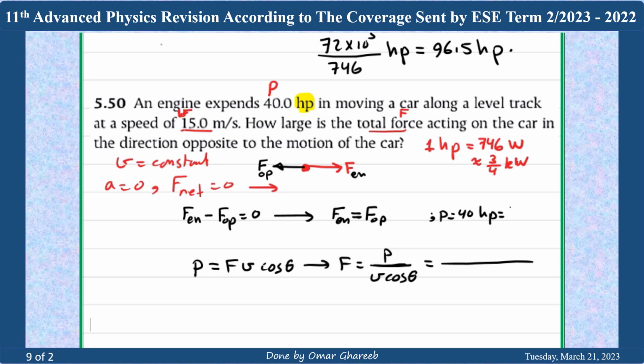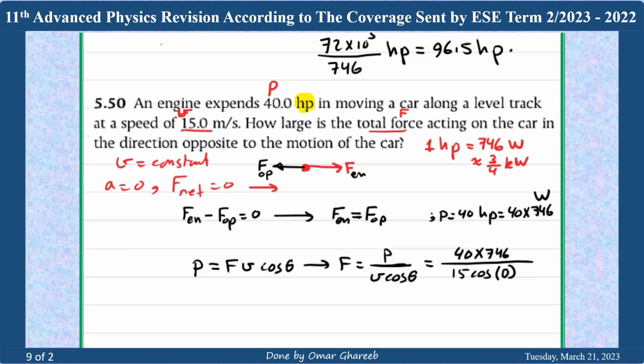That means 40 times 746. We convert it to watt. The velocity is 15. Cosine theta: the force of the engine is with the motion, so the angle is 0. Cosine 0 is 1.